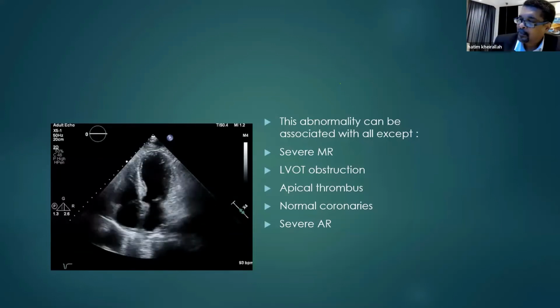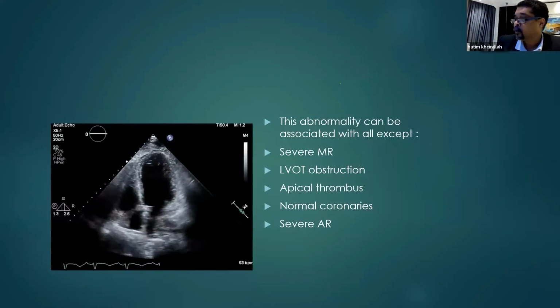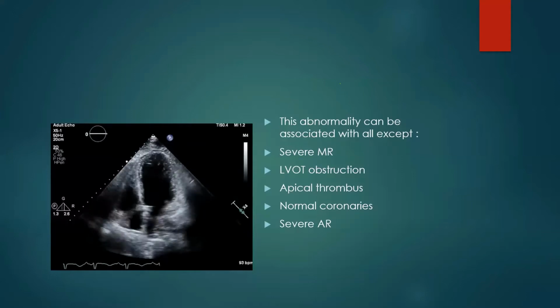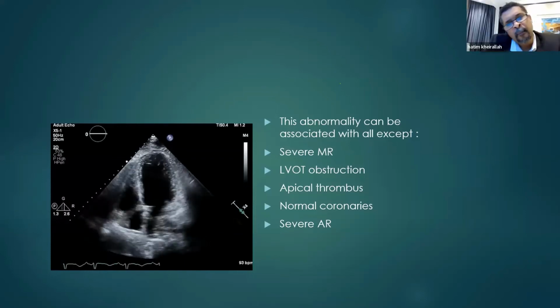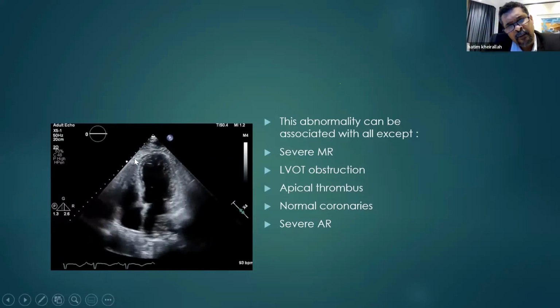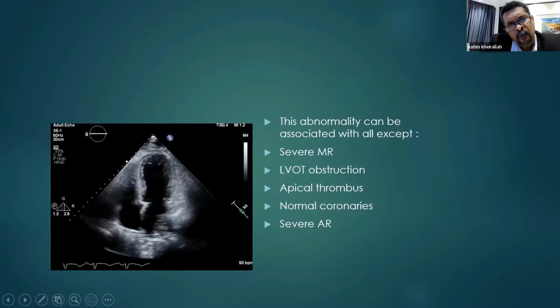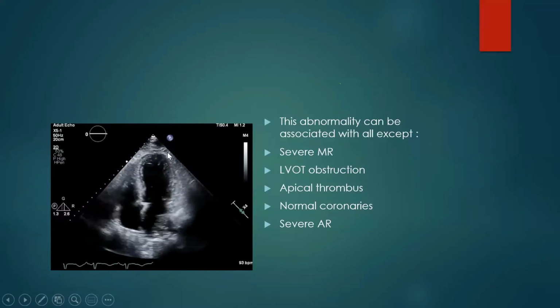So, any guess about what this echo is about? I think the diagnosis is LV non-compaction. Not really. Maybe yes, the apex is a little bit heavily trabeculated, but that's not non-compaction. If you compare the base of the heart to the mid, and the septum is hypertrophied.